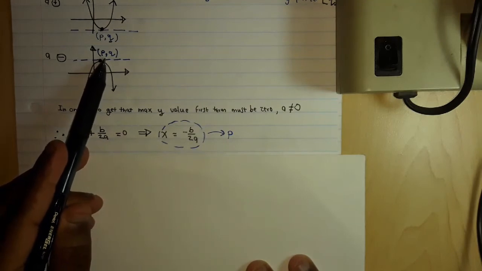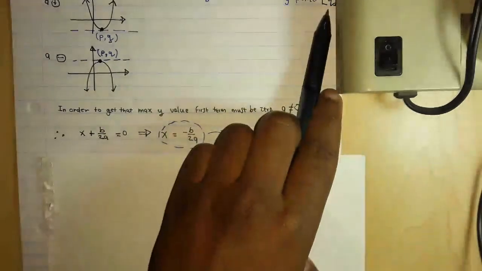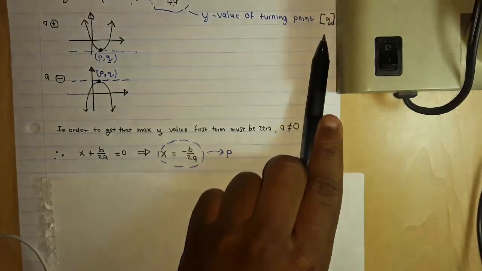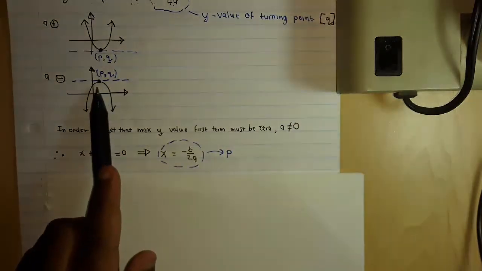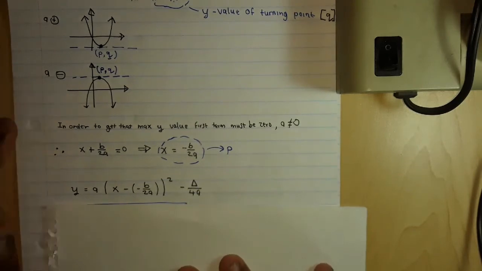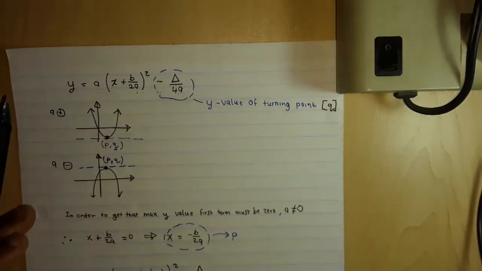So now we have two equations: the first one is for q, and the next one is for p. Let's look at this now.